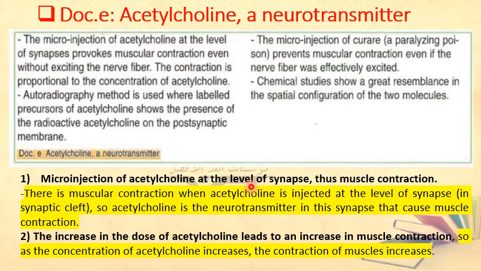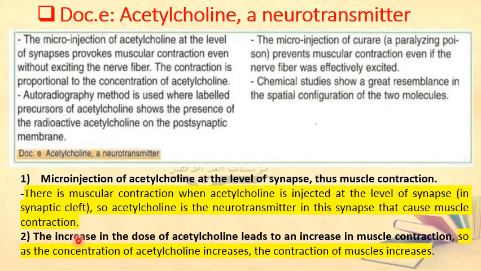Of course, yes. If the neurotransmitter is added in the synaptic cleft, it will work normally because its main function is at the level of synapse. So as the conclusion, acetylcholine is the neurotransmitter that causes muscular contraction.